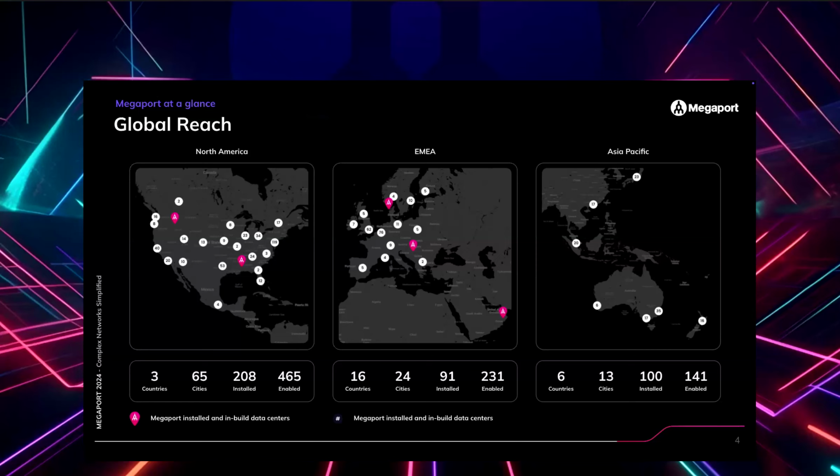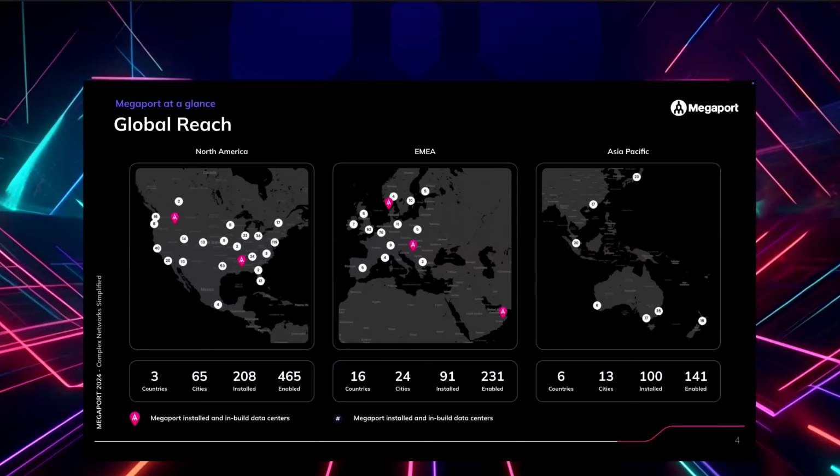So this shows our global reach, and you can access Megaport in over 850 locations across the globe. And please note that we have two types of locations where you can connect to Megaport's network. There's an installed location, and these locations contain Megaport hardware.